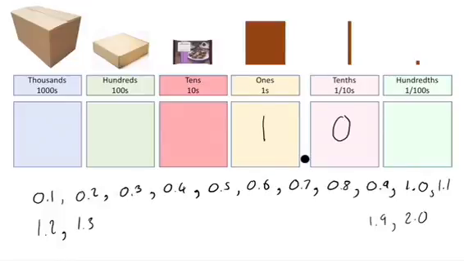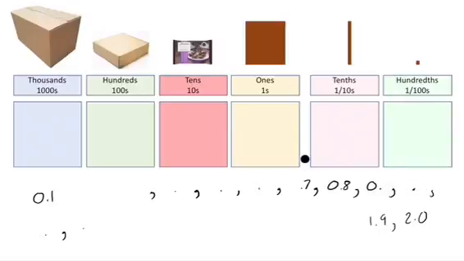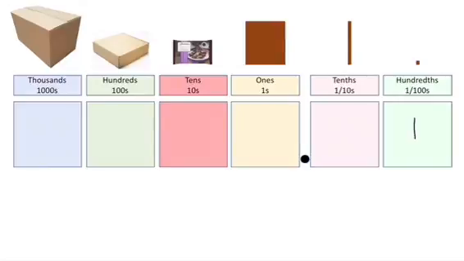Hundredths are no different. They're just 10 times smaller. We can have, let's get rid of all that along the bottom actually. We can have 1/100th with no 10s, no 1s.